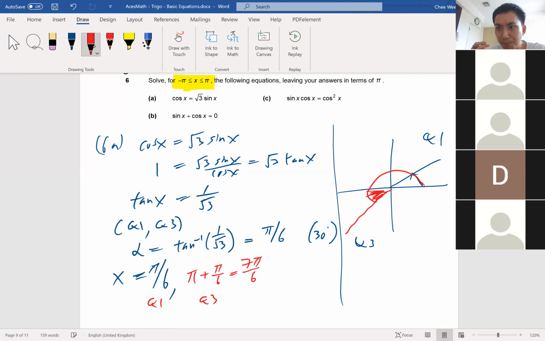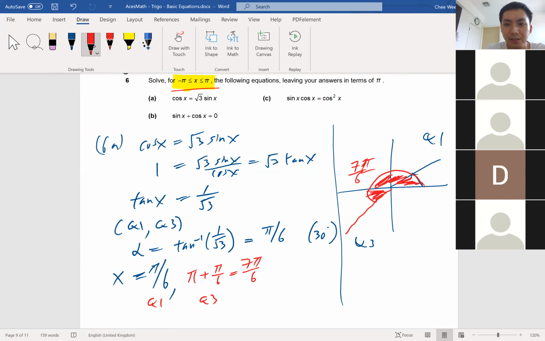If you ignore the pi, just focus on the fractions: 1 plus 1 over 6, which is 7 over 6. So this angle in red is 7 pi over 6. But 7 pi over 6 exceeds the range enveloped by the question.